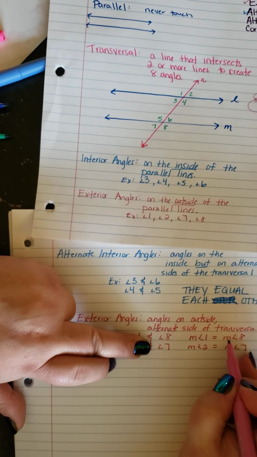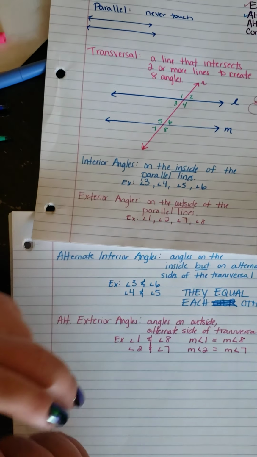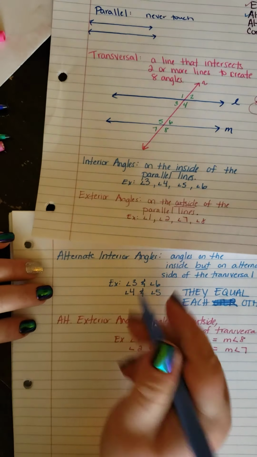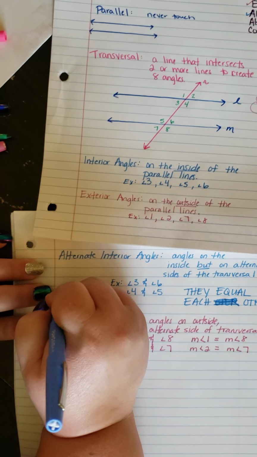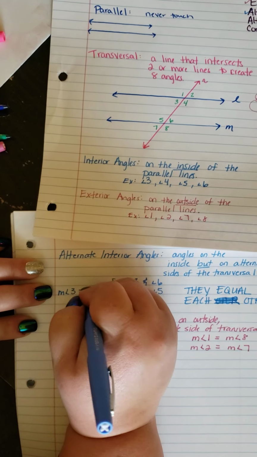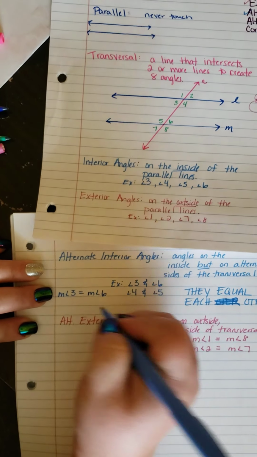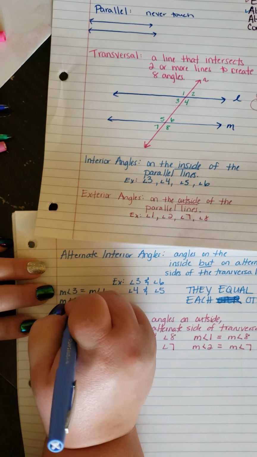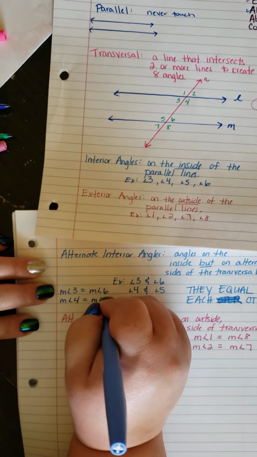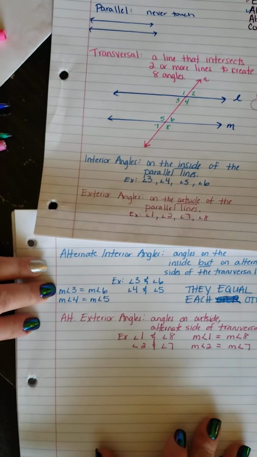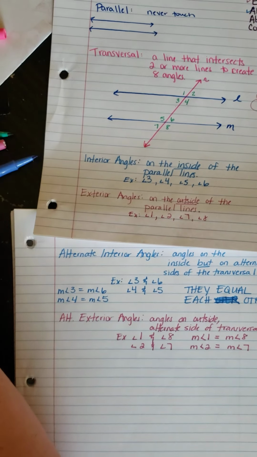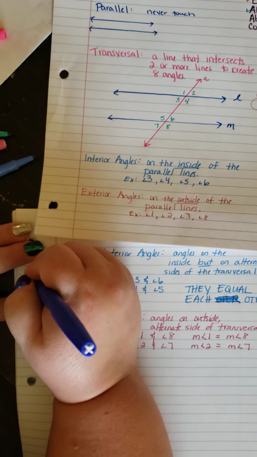You are going to see that with that little M in front there, and that's exactly what that means. The measure of angle. So we can say that up here too. The measure of angle 3 is equal to the measure of angle 6. The measure of angle 4 is equal to the measure of angle 5. Okay? So, let's put that in a note up here somewhere.